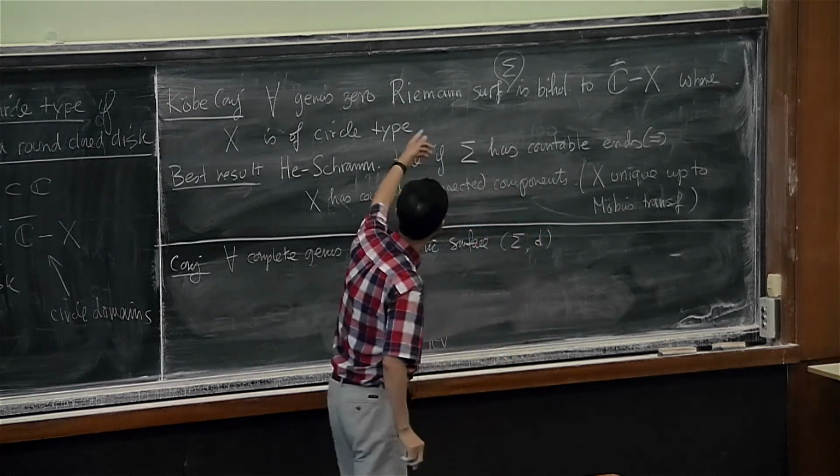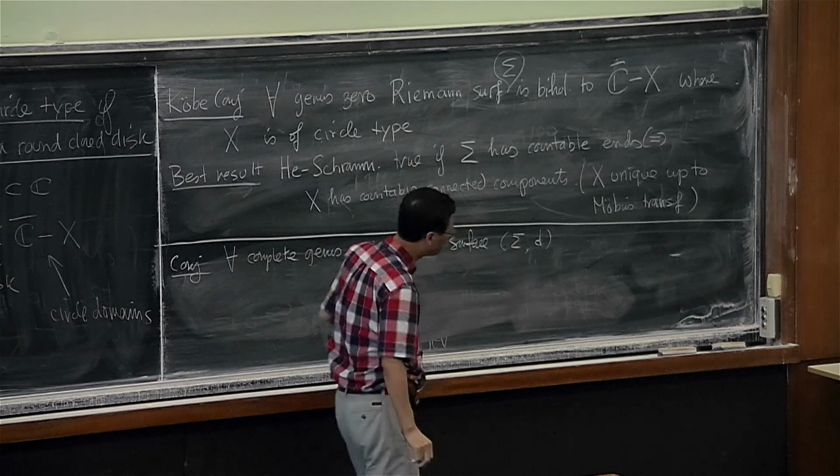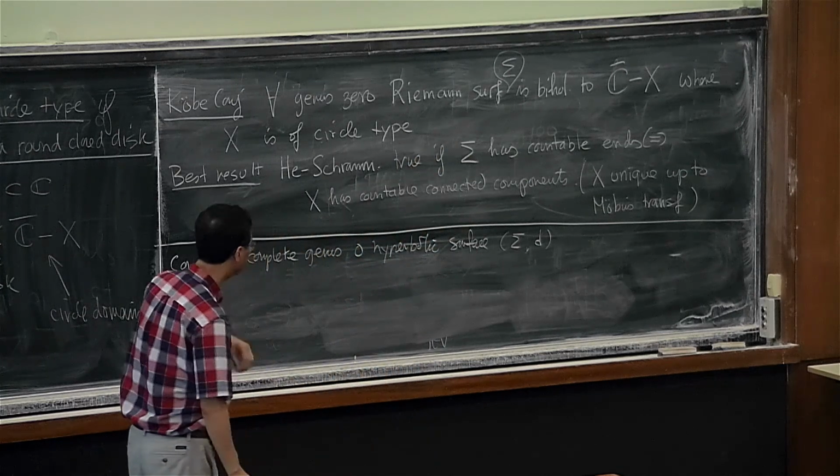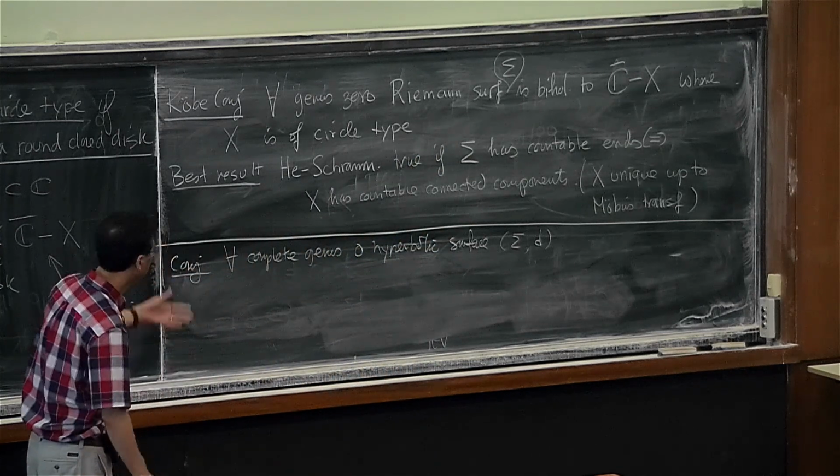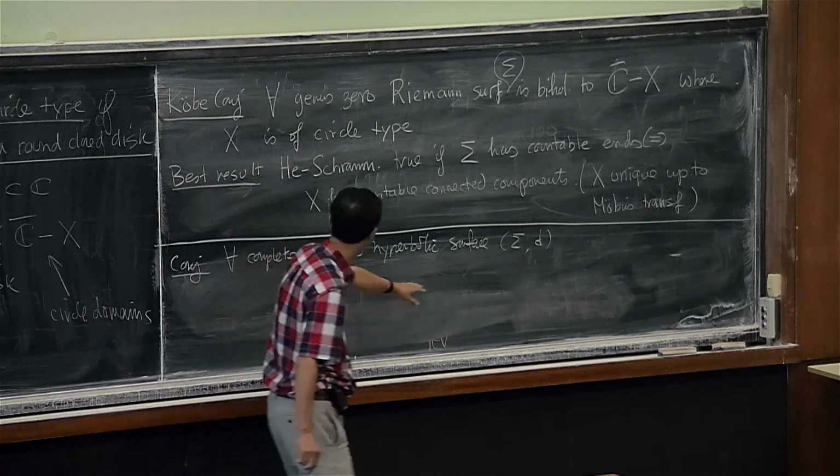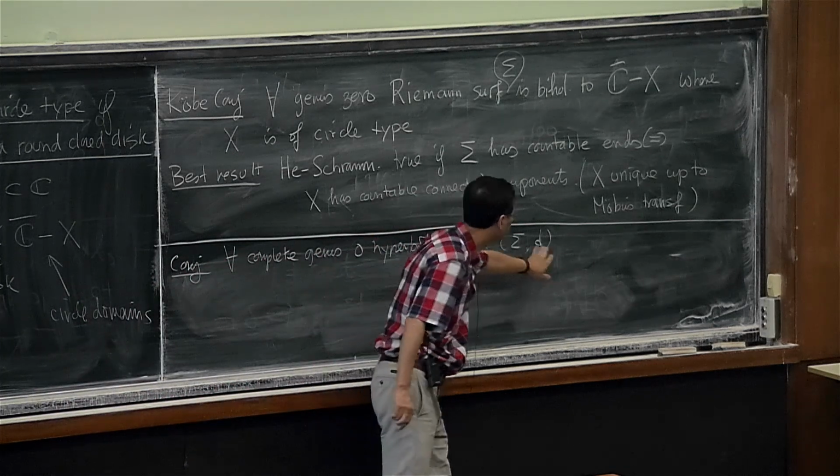basically, you take the Riemann surface in Koebe's situation and put the uniformization metric. Generically, it's going to be a hyperbolic metric.